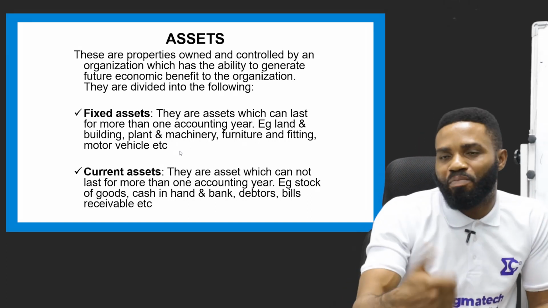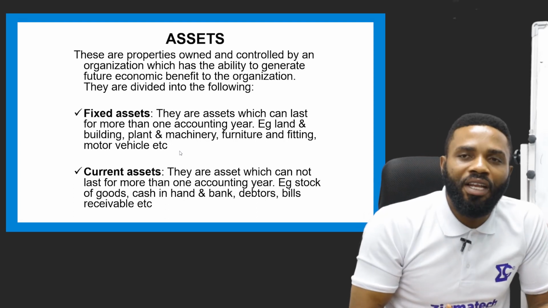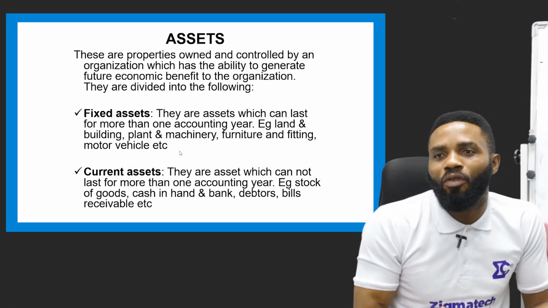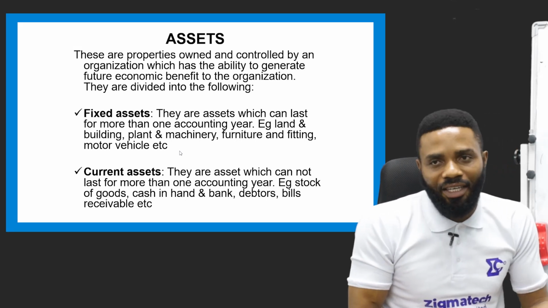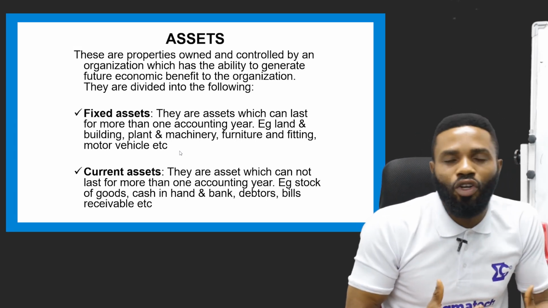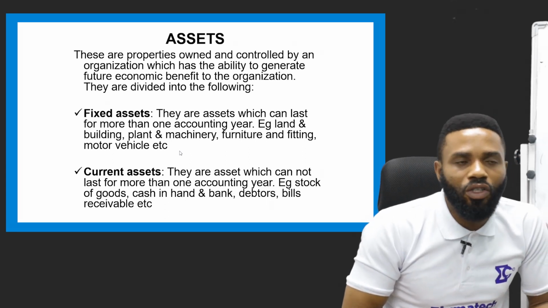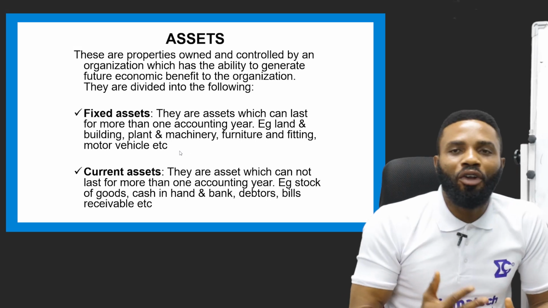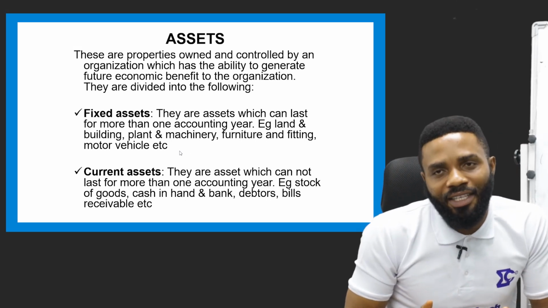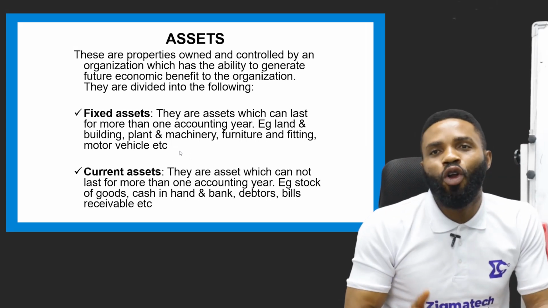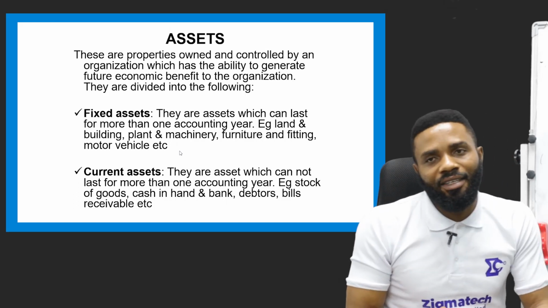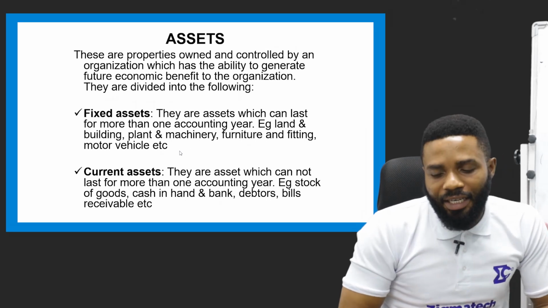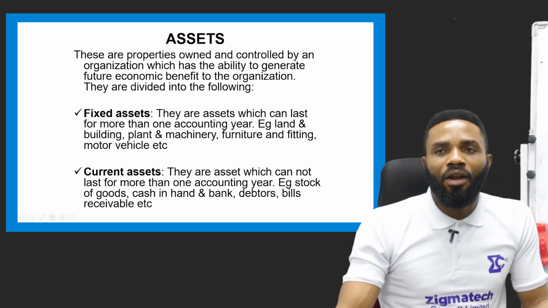They may want to expense it. But a company that is worth 1 million may want to classify an item of 50,000 as an asset. So the classification of an asset varies with companies. And I also want to bring to our knowledge that fixed assets can also be called non-current assets. When you talk about non-current assets, they are assets that can last for more than 1 year.